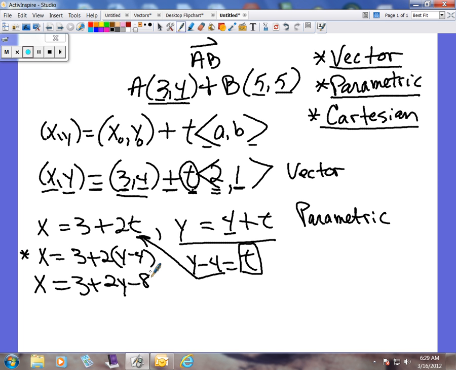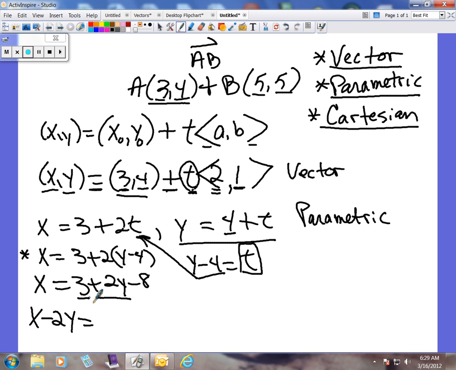And I teach my students, once they get out of Algebra 1 into Algebra 2 and beyond, to learn how to transpose, which just means move a term from one side to the other and change it to its opposite. So since we like the form ax plus by equals c usually, let's move our 2y over to the other side, and it becomes negative, and we have x minus 2y.